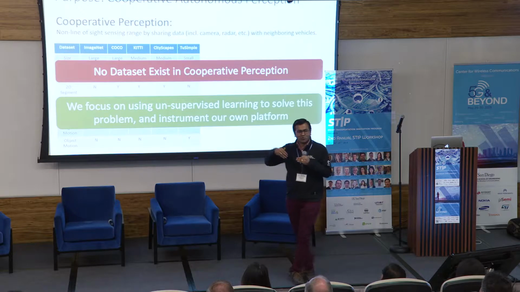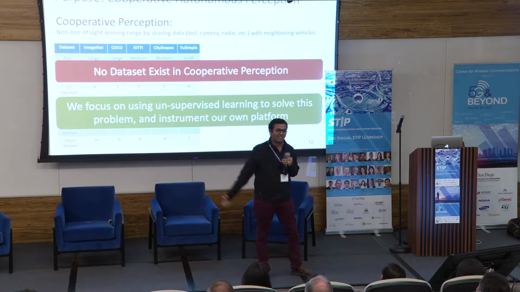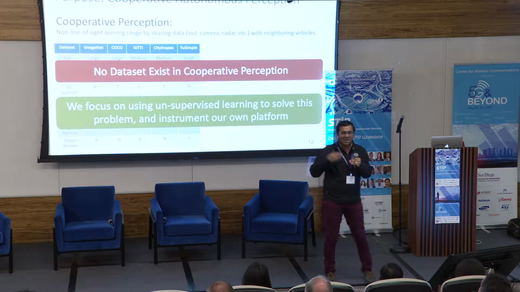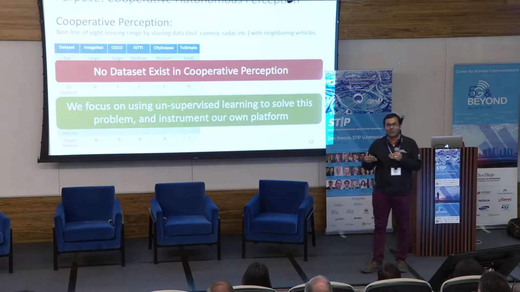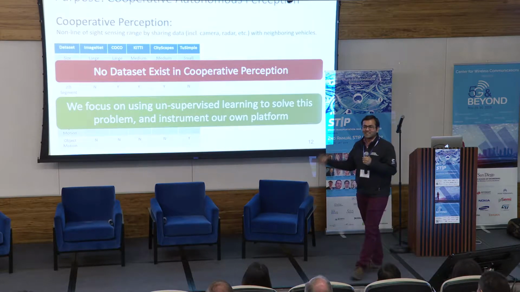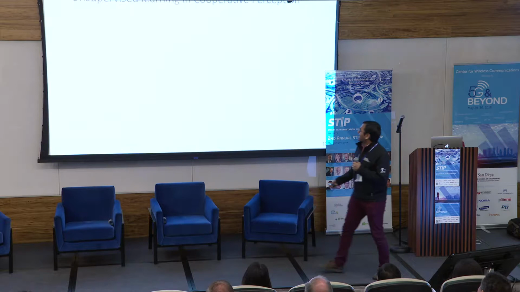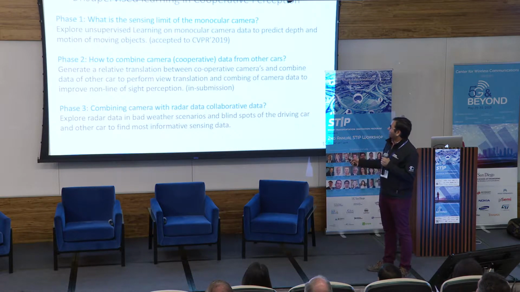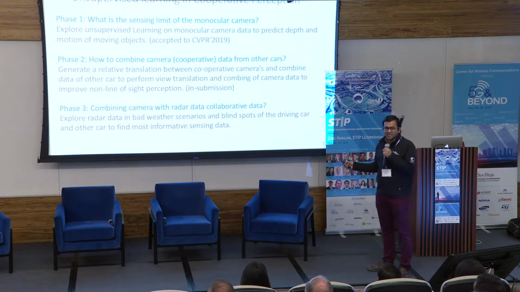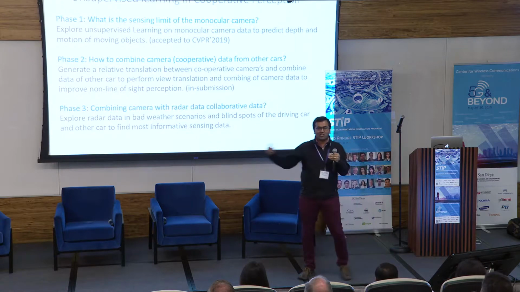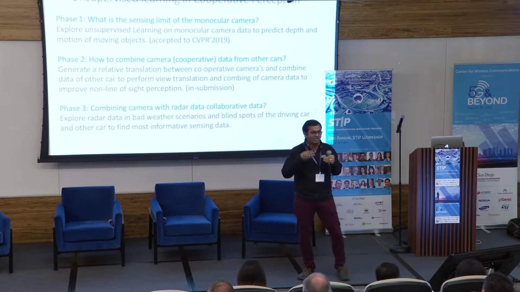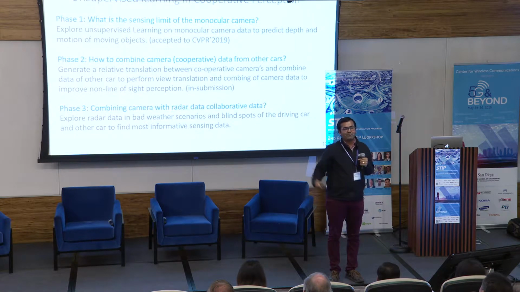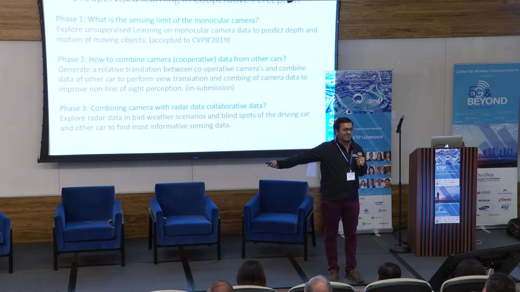Since there is no way to label, let's just go unsupervised learning, and maybe we'll use the labels for testing. Last time when you all were here, we were in phase one, where I presented how we can use a monocular camera, combining time and space diversity, to do depth, velocity and motion estimation.